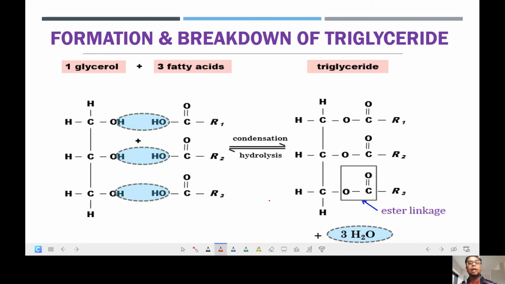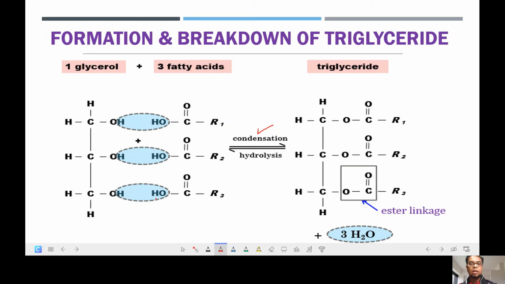In this particular diagram, we can see that the triglyceride can be formed due to the process of condensation. This will involve the removal of water molecules, in which the hydroxyl group from the fatty acid will be removed together with one hydrogen atom from the glycerol. And this will be the same for the other fatty acids as well.